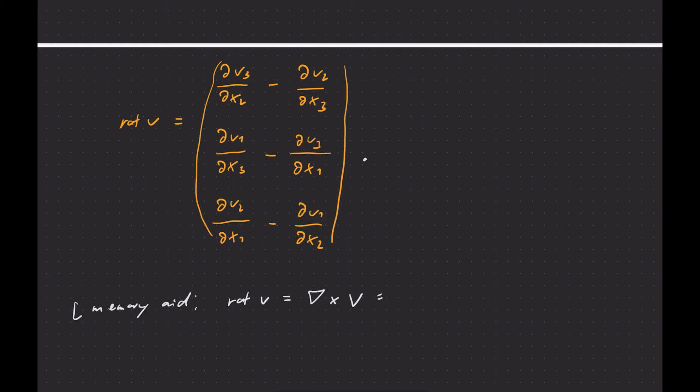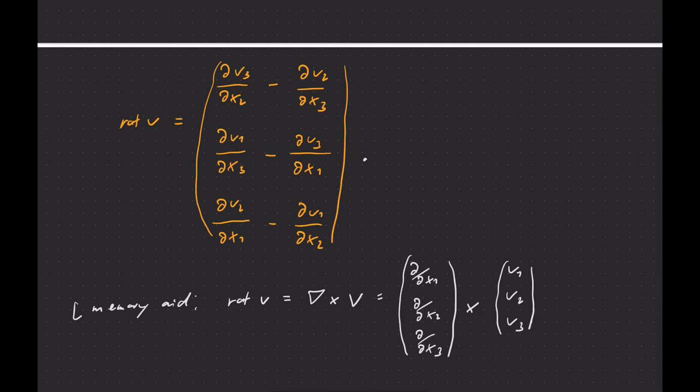So basically what you do is you apply those partial derivatives to the components of the vector field, v1, v2, v3, as if you would compute a cross product. And you all know that only works in R3, right? So be careful about that. But the rotation, as we define it, is only defined in R3 anyway. Okay, so that's a way to memorize that formula easily if you know how the cross product works, of course.